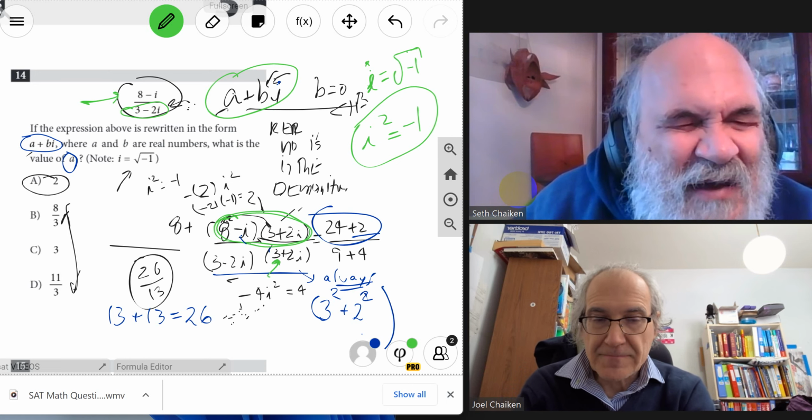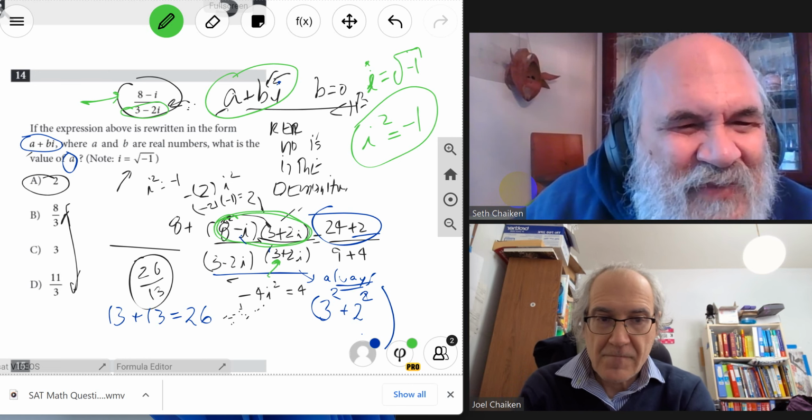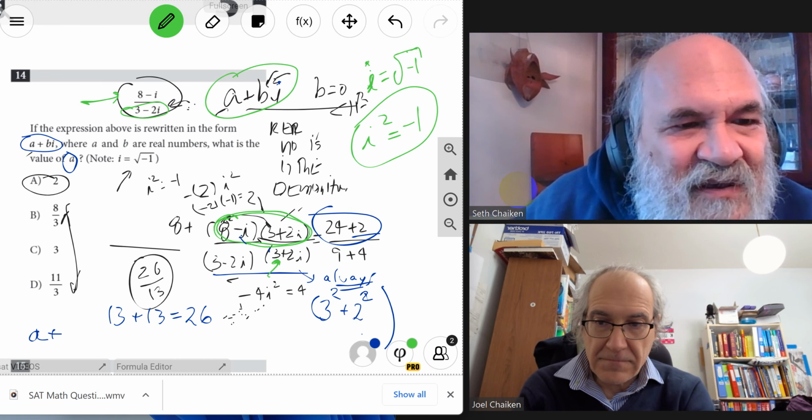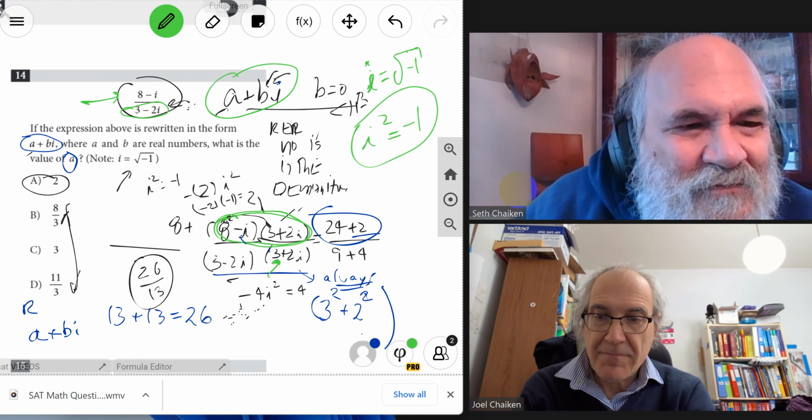In general, every complex number has the form a plus b times i, where a and b are real.